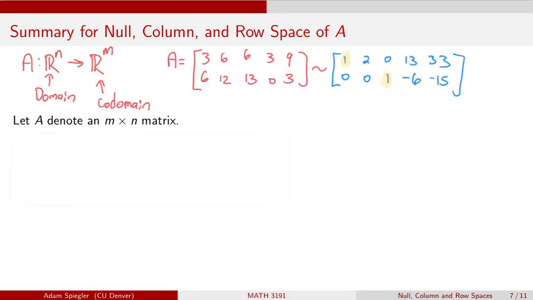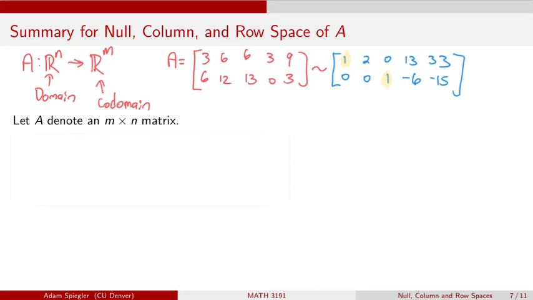And I want to refer back to this example that we've been working with, where we started with A being a 2 by 5 matrix. The top row was 3, 6, 6, 3, 9. The second row was 6, 12, 13, 0, 3.